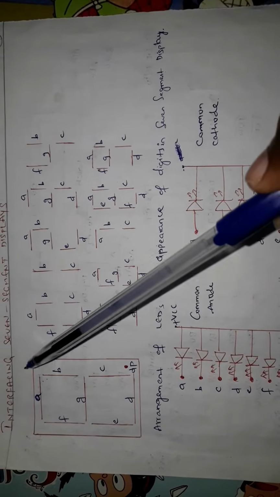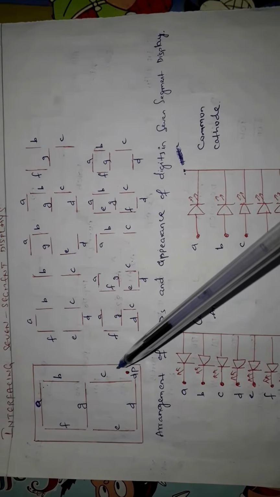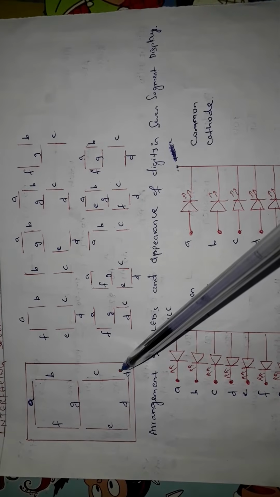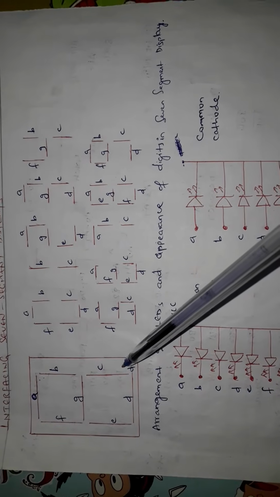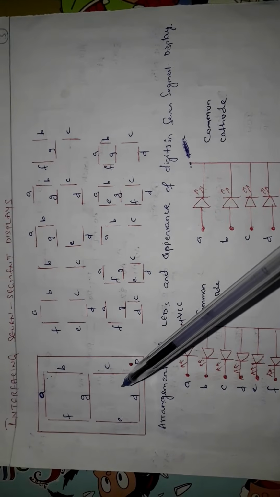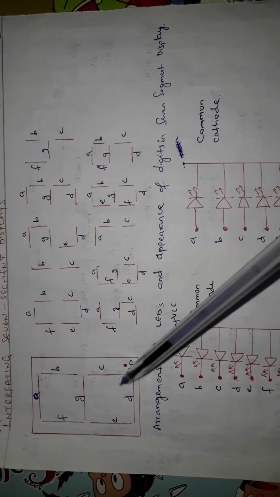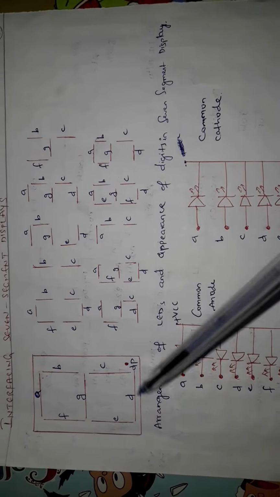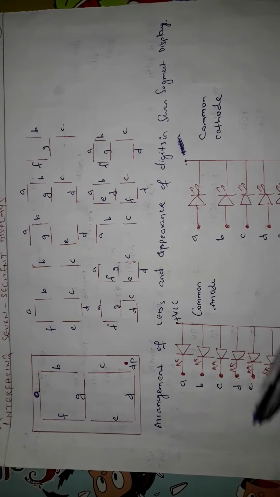In addition to this, it also has one more segment called DP, the display point. So in total it has 8 segments, but mostly we use only 7 segments to display alphanumeric characters. So it is called a 7 segment display.